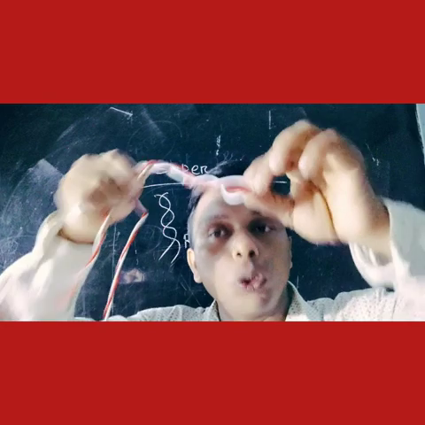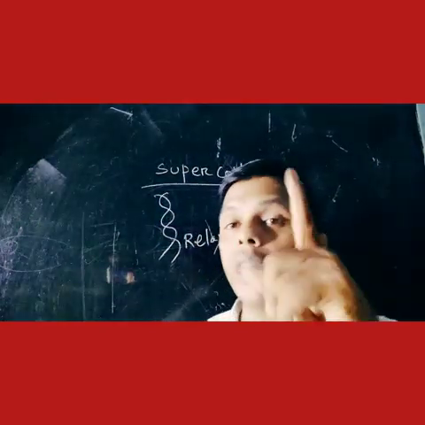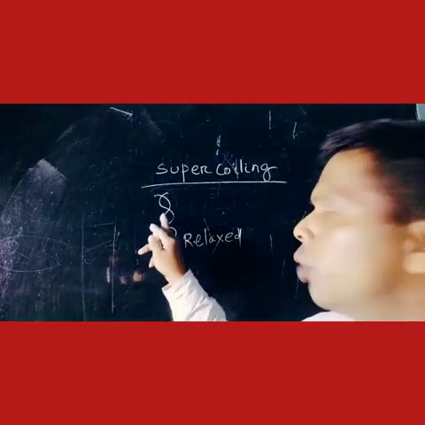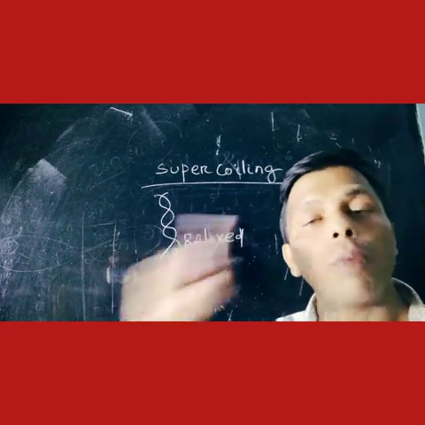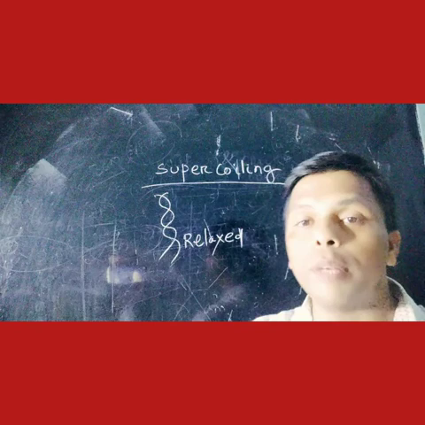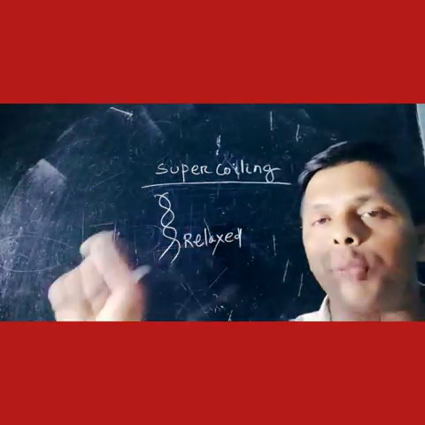Supercoiled means both strands of the DNA, not a single strand. In the normal relaxed form, one strand is crossing the other. In the supercoiled form, there is a combination of four strands. That means two strands cross the other two strands at a specific place.